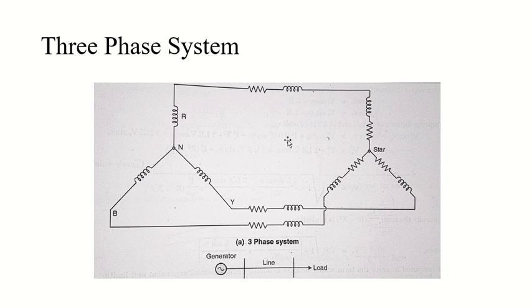On all three phases you can see resistors and inductors, and on the generating side you can see only generating windings, coils, inductive things. The lines connecting them, R with R, Y with Y, and B with B, are the transmission lines. And again, we have resistive and inductive elements, so the line is an RL line, as most lines are.